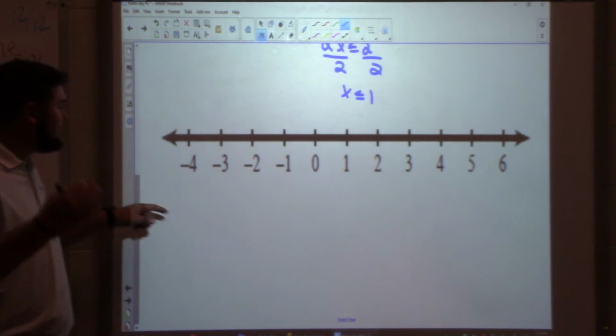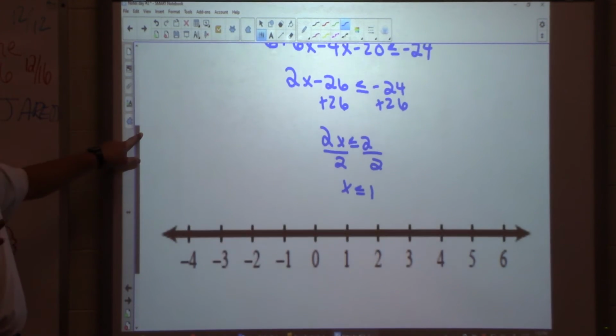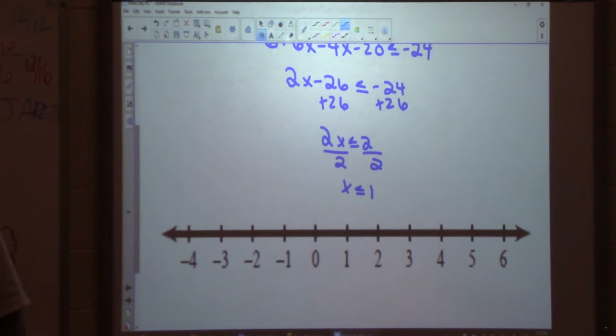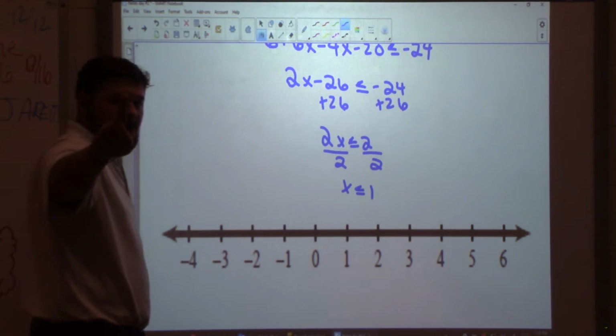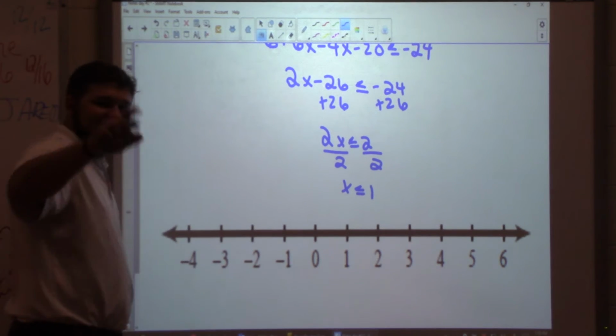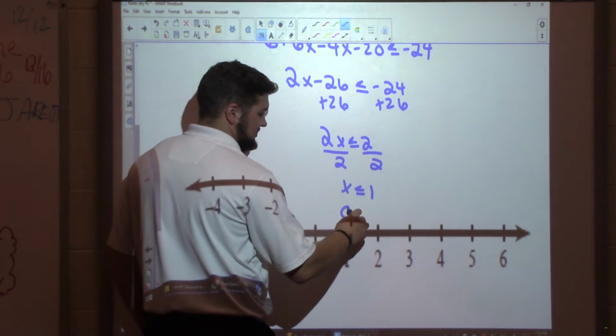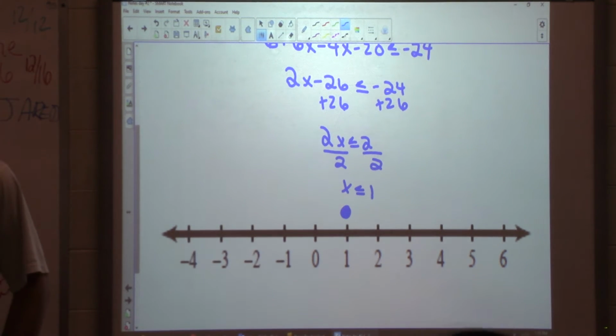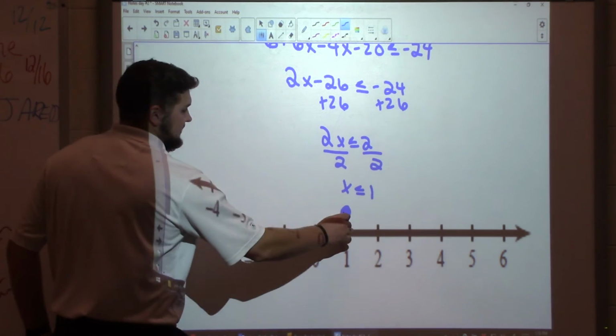Like I said, I'm going to graph first and then do interval notation. So if it's less than or equal to 1, at 1, should I have an open or closed circle? Closed. And which way should I be going? To the left. Good.